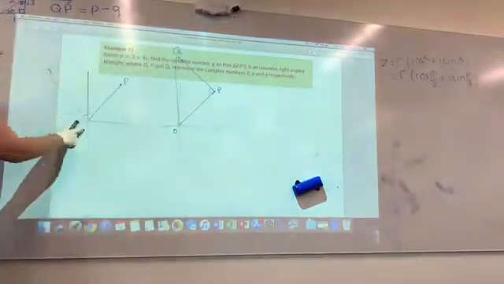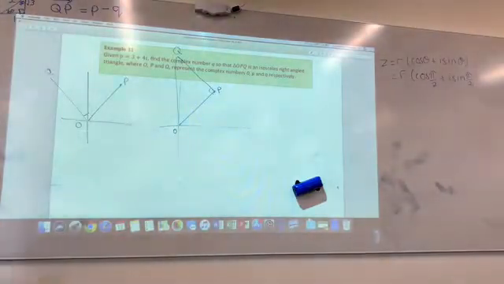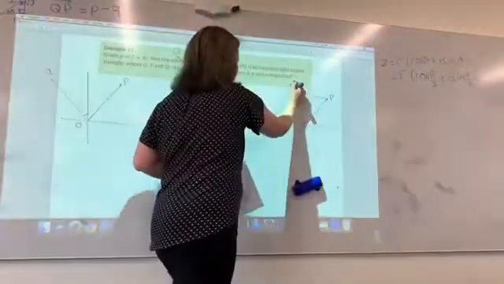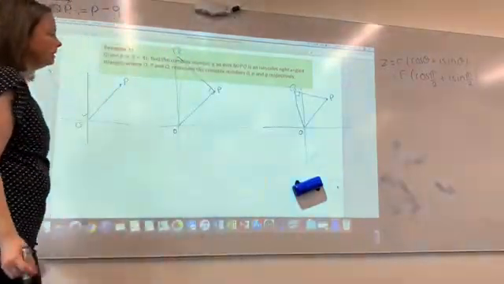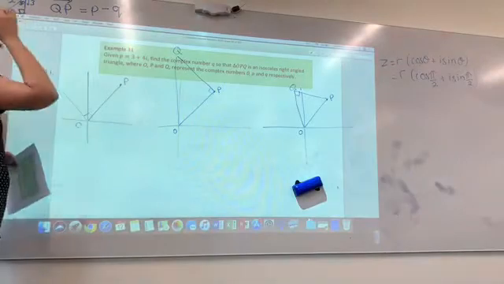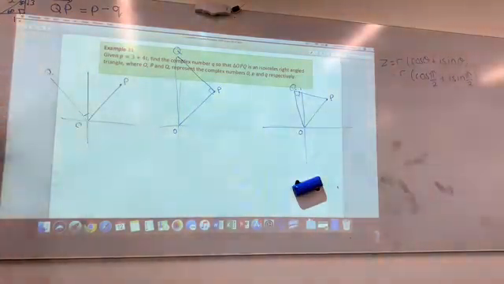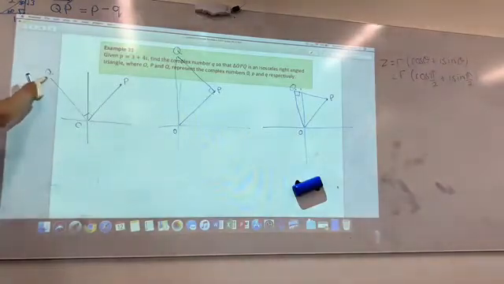Here we've got the right angle at O. Here we've got the right angle at P. Are there any more? Right angle at Q. Okay. Doesn't need to be to scale. Alright, so O to P and O to Q. And we're trying to find what this complex number would be.